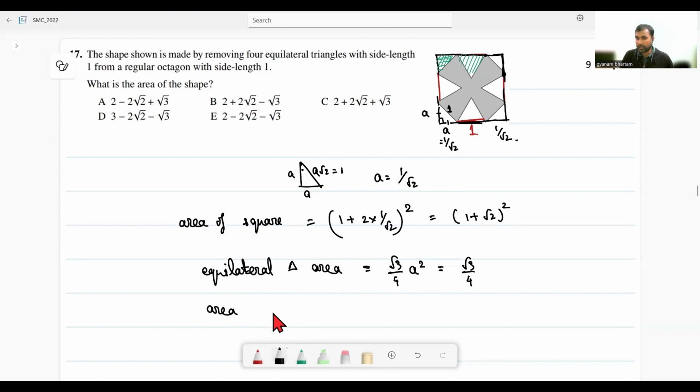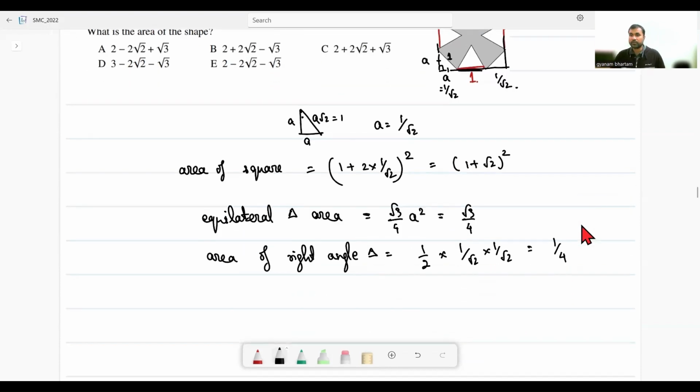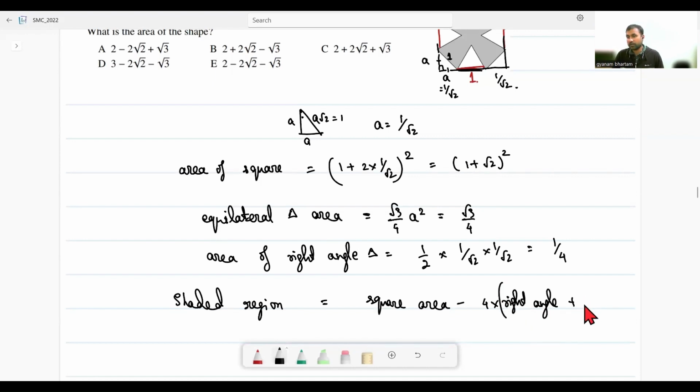And the area of that right angle triangle is half times base times height, which is 1 by 4. Now we can subtract. So the shaded region is the square area minus 4 times the right angle triangle and 4 times the equilateral triangle also.